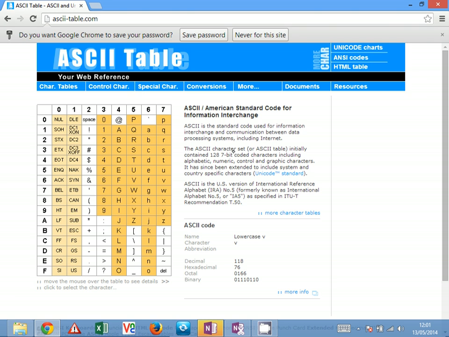So that means that we can have a maximum of 128, because that's 2 to the power 7. 2 times 2 times 2 times 2 times 2, 7 times, which is 128. So the first nibble here, if we have a look at V, that's this one, the first nibble is 7 in hex, and the next nibble is 6.